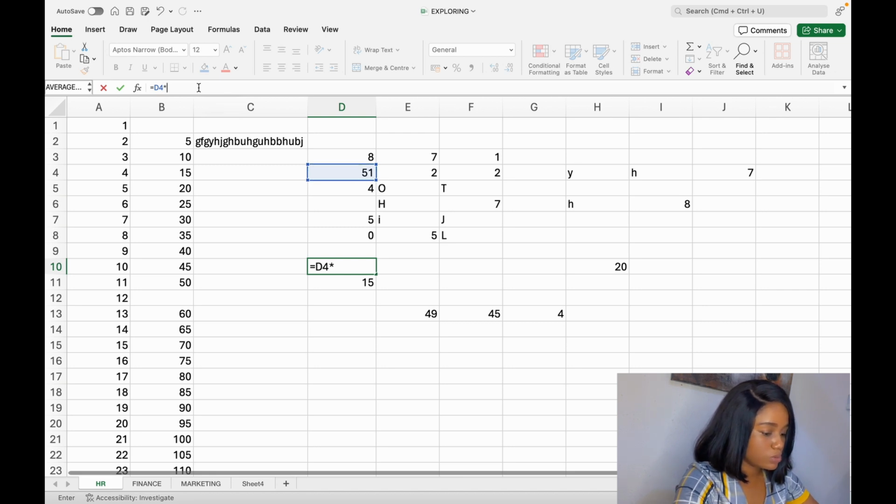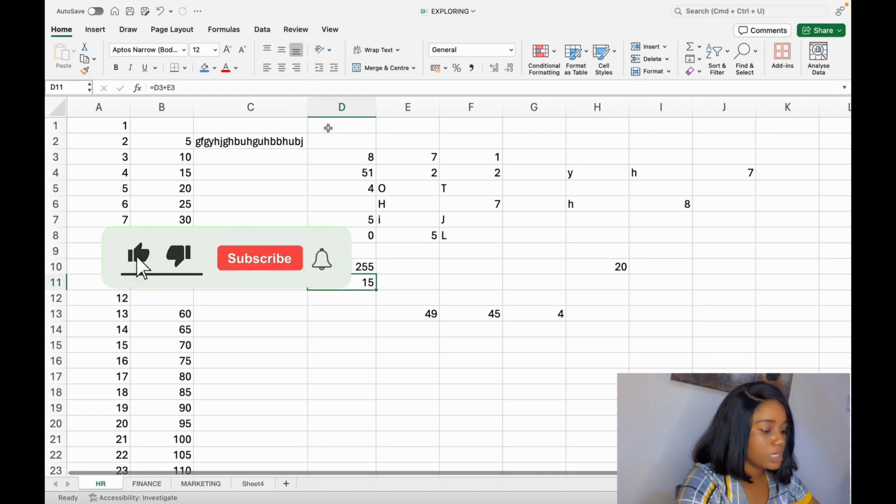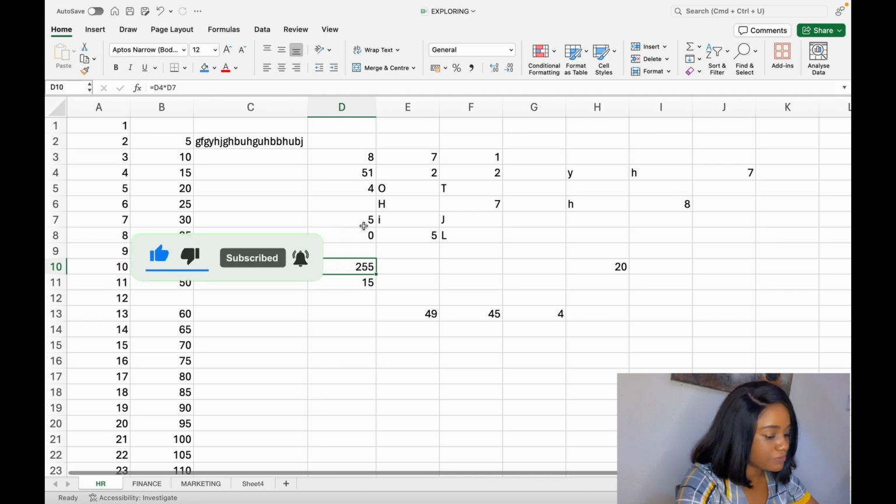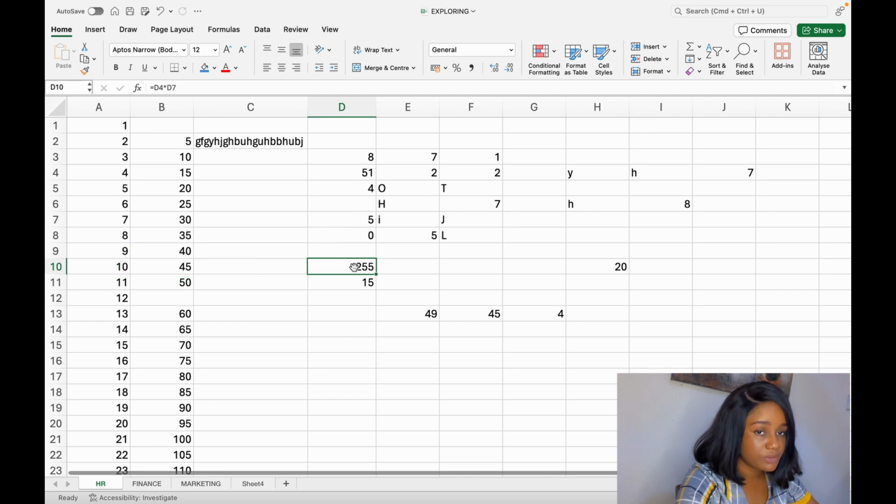So cell D4 times D7 and then enter, and it's 255. You can cross check with your calculator. 51 by 5 is indeed 255. So this is accurate. Another example of multiplication.